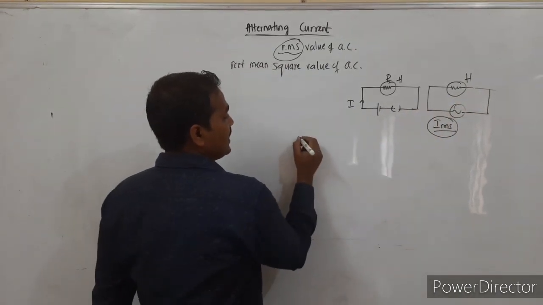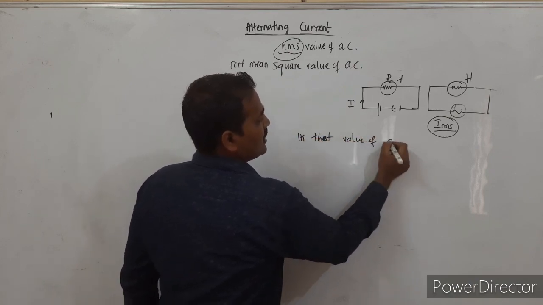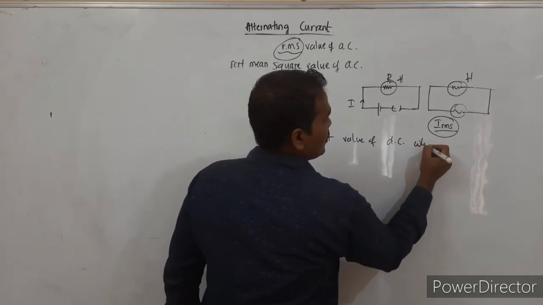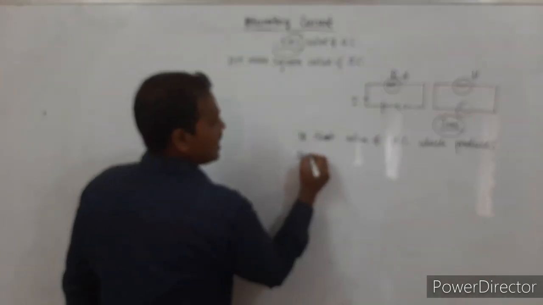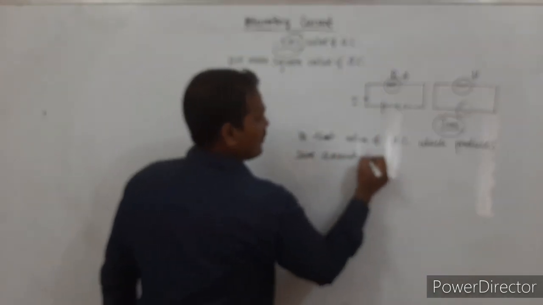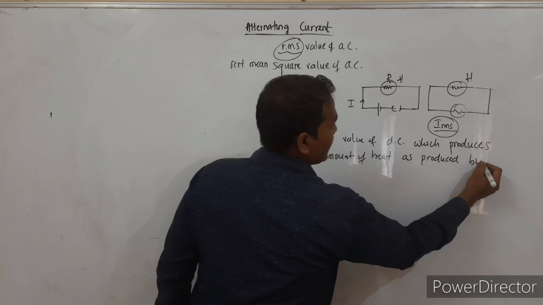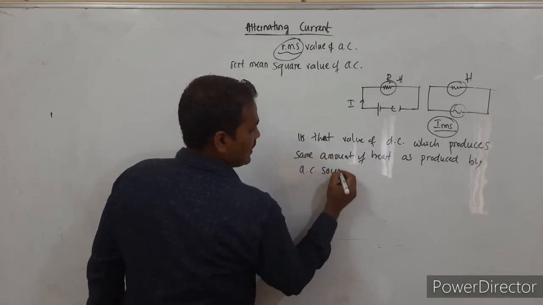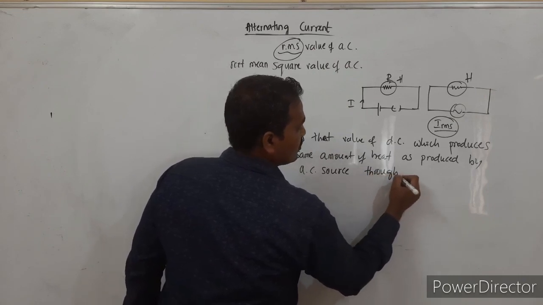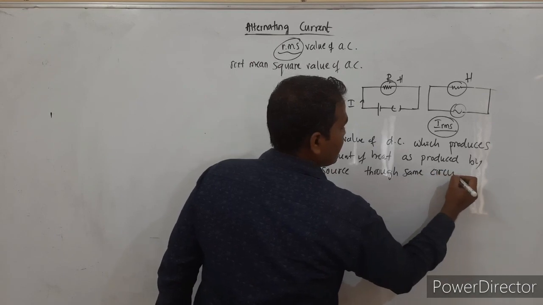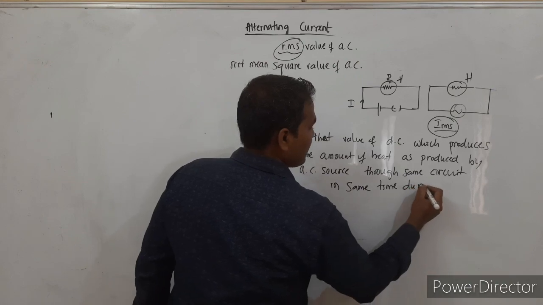Okay, so I repeat again here, it is that value of steady current which produces the same amount of heat as produced by the AC source through the same circuit in the same time duration.